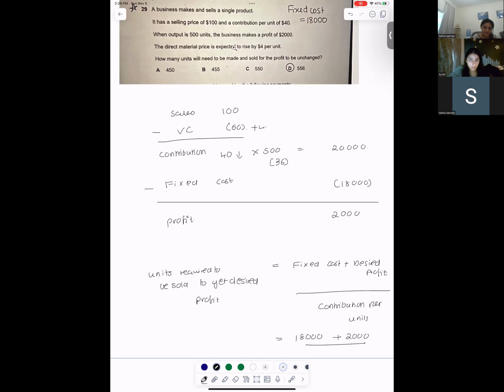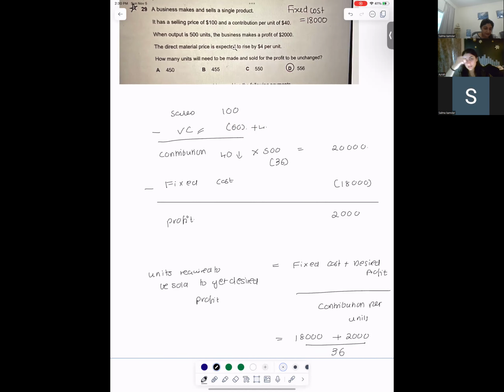Why did you do 100 minus 64? Because your variable cost is increasing by 4. So 100 minus 64, your contribution is how much? 36. So contribution per unit will become 36.